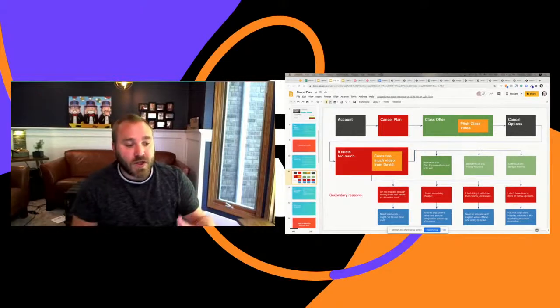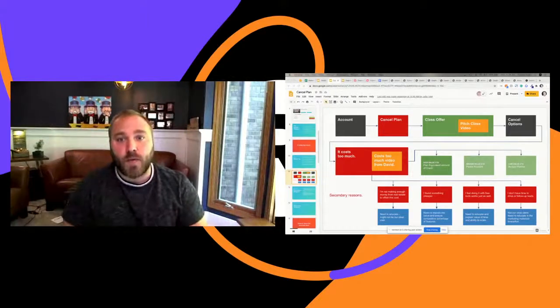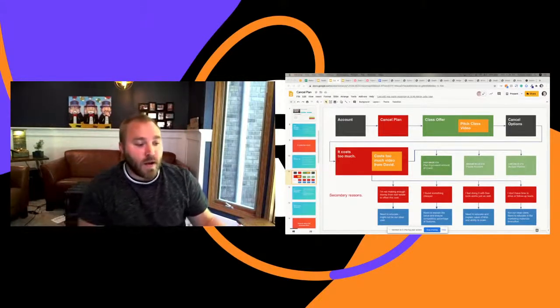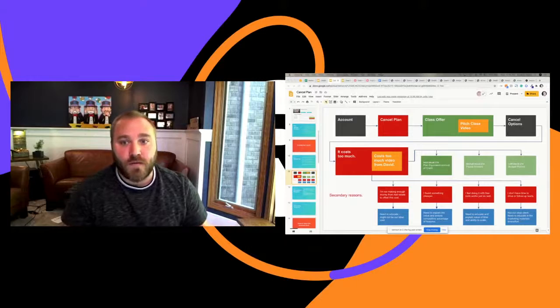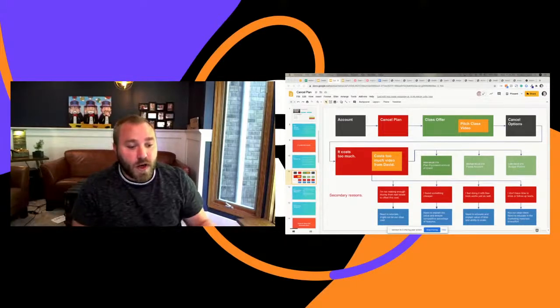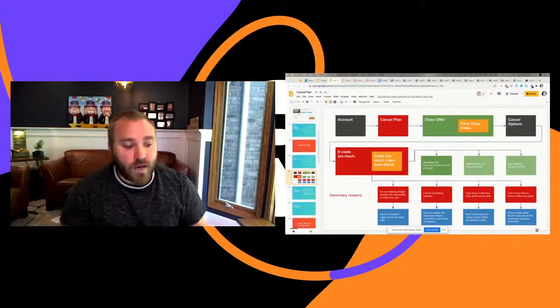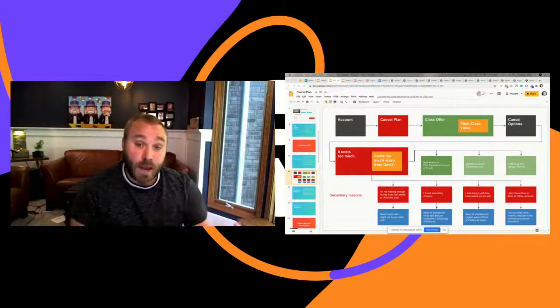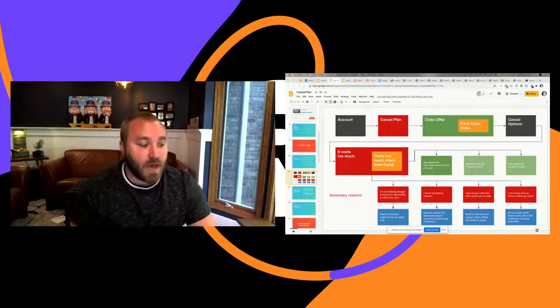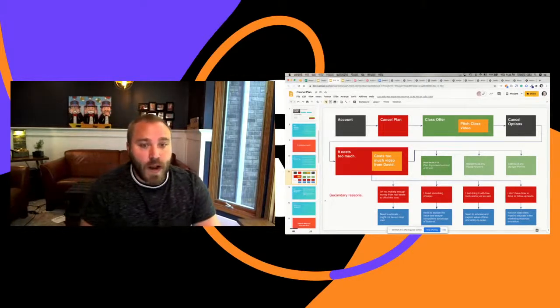And if they didn't take one of those alternatives, they had to choose the secondary reason for canceling. Then we tried to look at, okay, why is it that that's happening? And again, we went through these processes of looking at prevention and mitigation, and alternatives and reroutes throughout this.